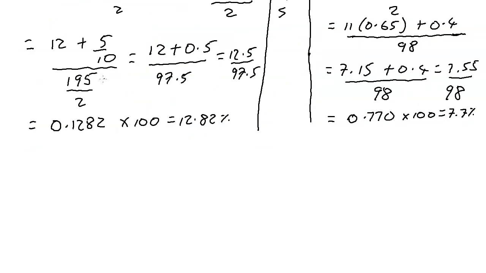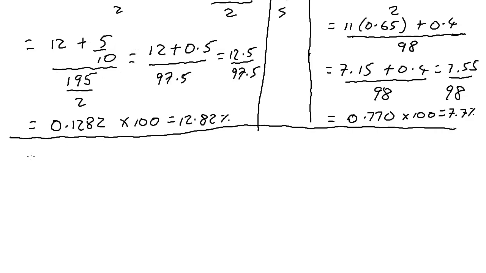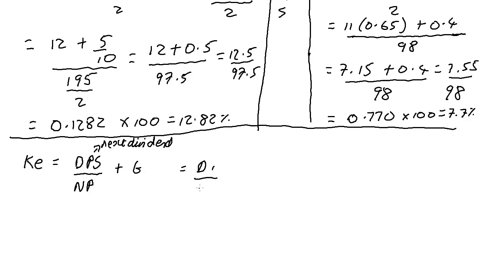Remember, if we were to calculate KE using the dividend growth model, the formula is dividend per share upon net proceeds plus G. When I say dividend per share, I mean next dividend, which we can also write as D1. So D1 upon NP plus G.